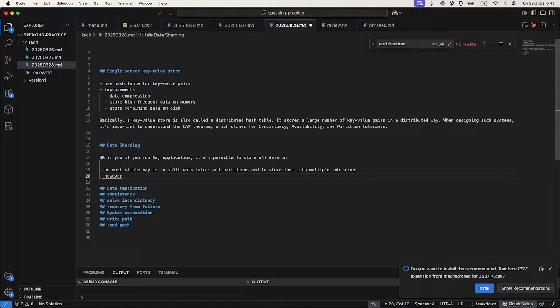However, there are two problems with data sharding. First, to distribute data equally across multiple servers.